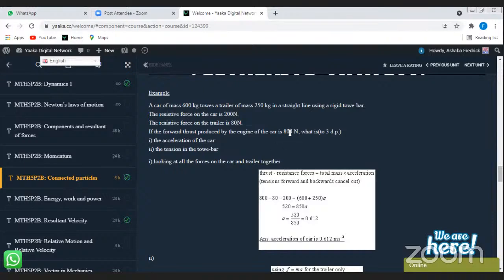So our resultant force will be the force of the engine minus the two opposing forces. That will give the resultant force. Then let us go back here.